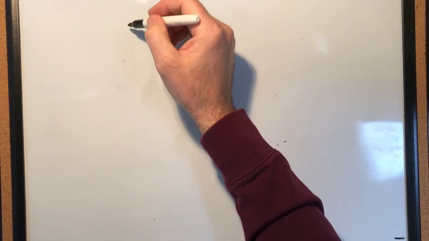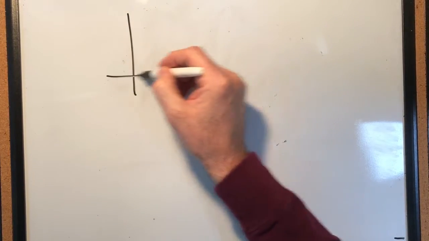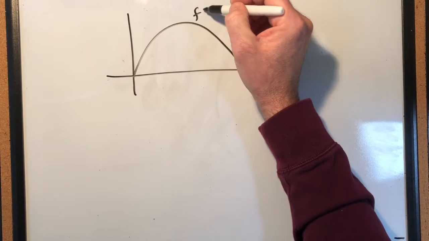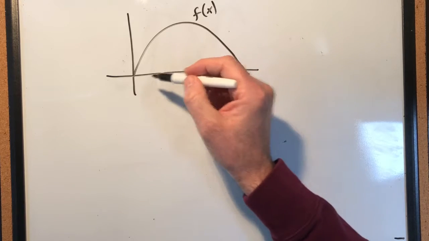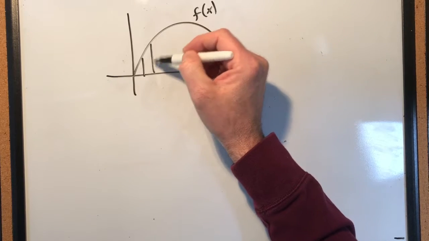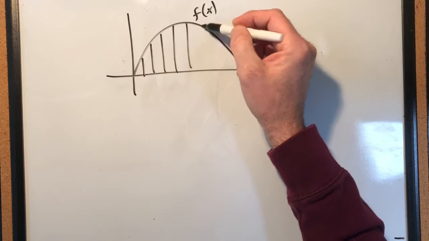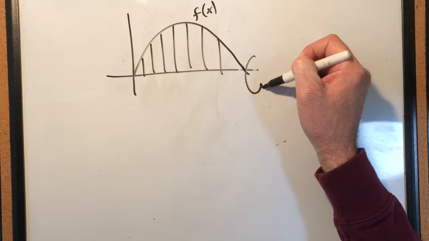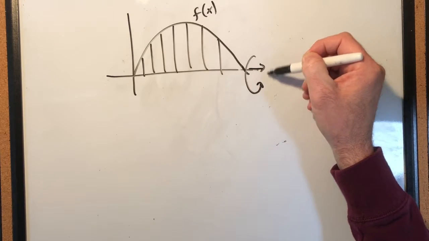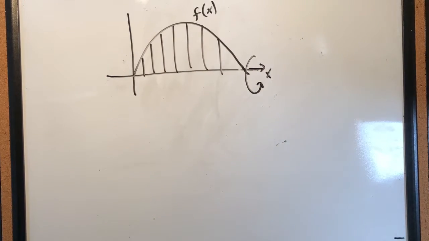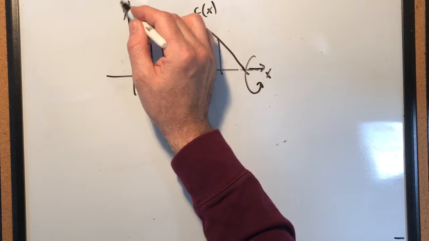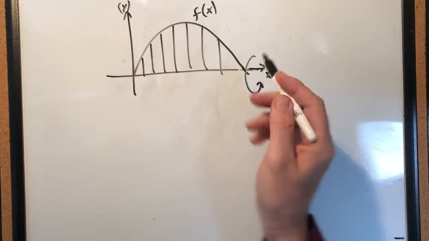All right, so previously we were talking about volumes, and we would have a shape represented by f of x, and we would break it up and then rotate something, typically around the x-axis is a good starting point. You could rotate around the y-axis as well over here.